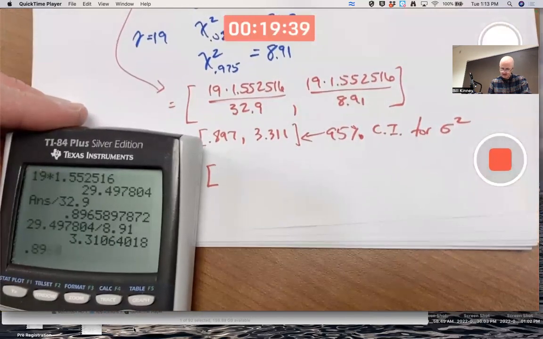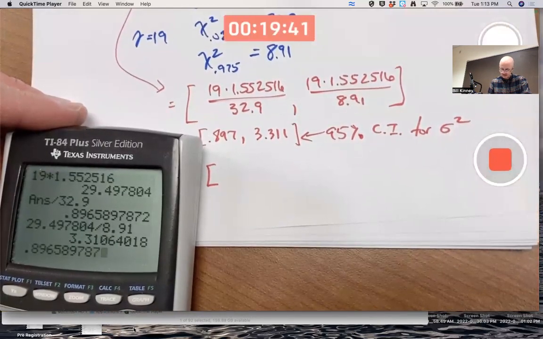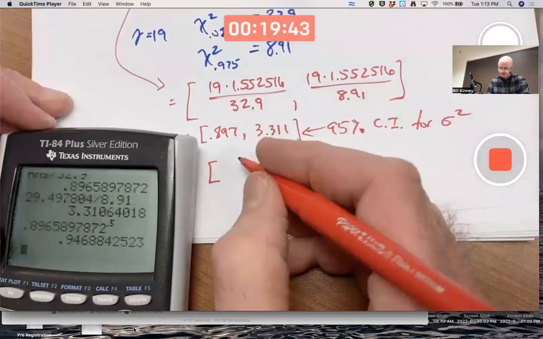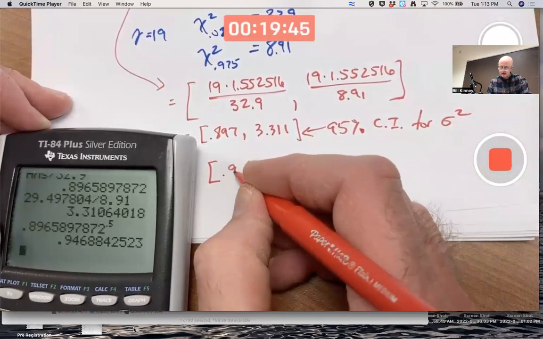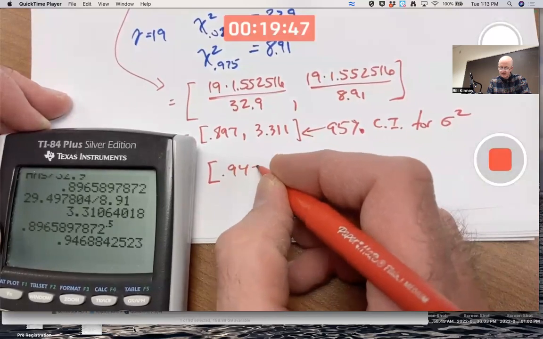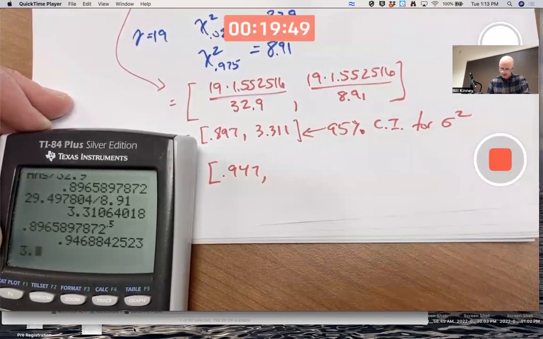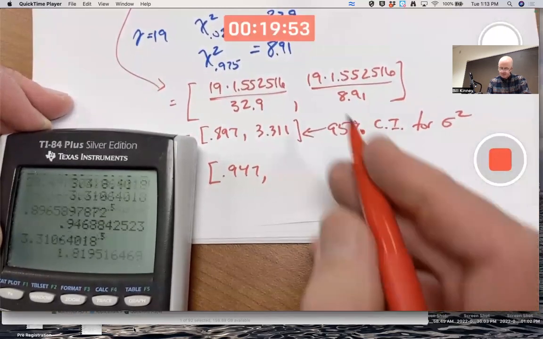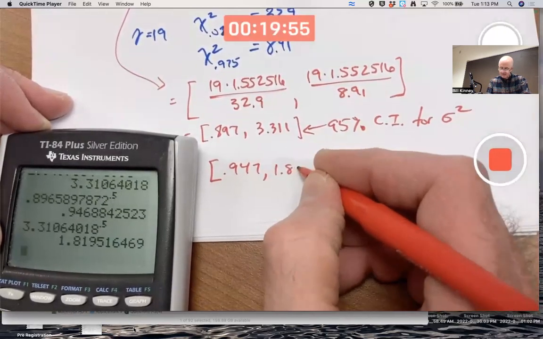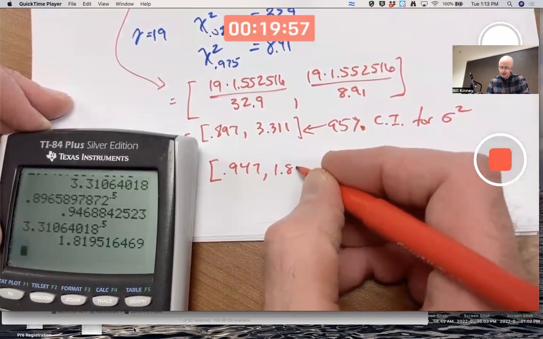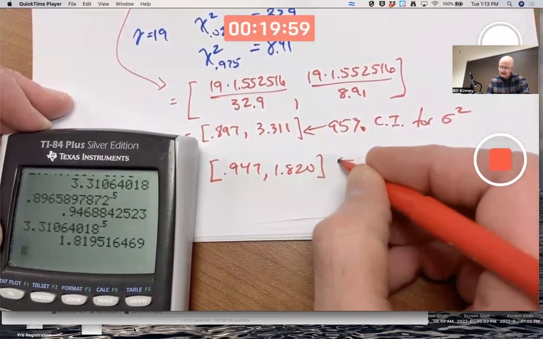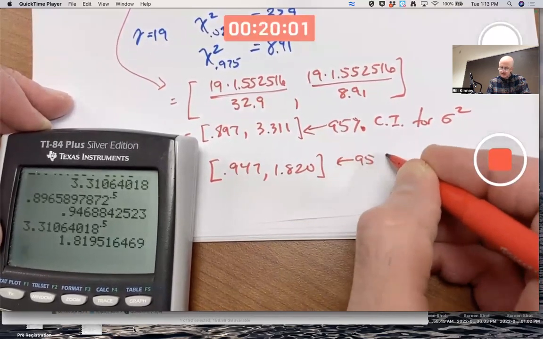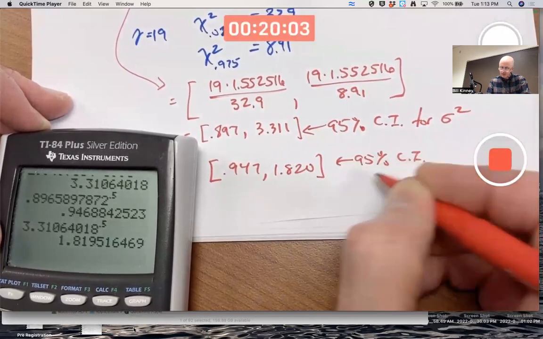I'll use more decimal places, but then round to the same number here, 0.947 to 1.8. If you round correctly, that is a 95% CI for sigma.